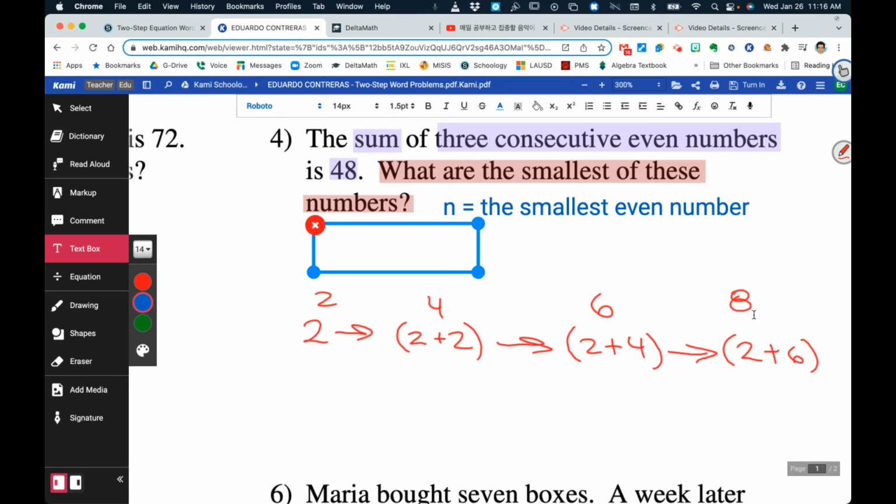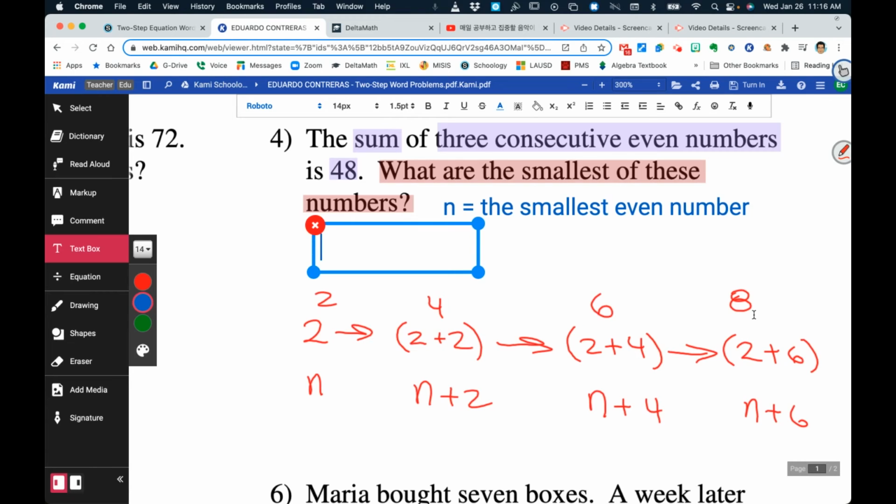So there we have the 3 consecutive even numbers. We have the original one. I could call it n, since I don't know it. I have the next one, n plus 2. I have the next one after that, n plus 4. And I don't need it for our case, but n plus 6 would be the one after that.